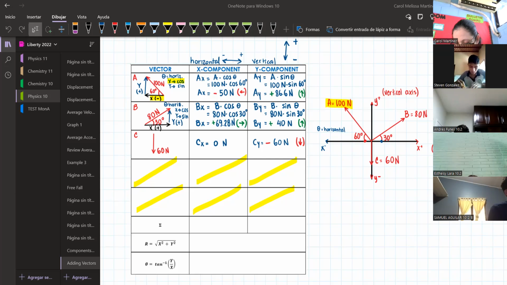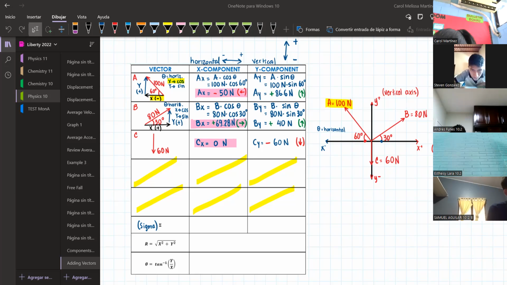What comes after? The next step is addition, okay? This symbol represents addition. It is a Greek letter called sigma, and it represents an addition. So we're going to add vertically minus 50 plus 69.28 plus 0. How much is this?